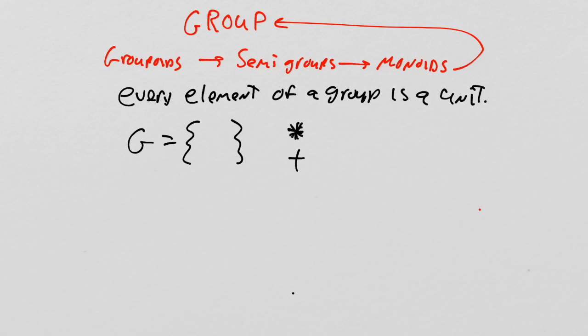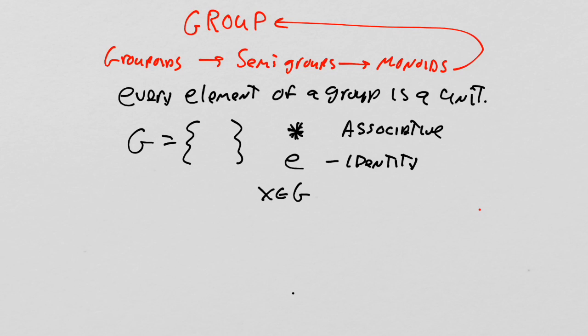But we don't require commutativity, so we're certainly not going to use that in our fundamental definition of a group. But we have a group, we have our operation. We know that it is associative because we have the semigroup. We know that there exists an identity because it's a monoid. But we also know that for every element x in G, we have x inverse, which is also in G, and x times x inverse equals the identity. And that's true for every element in G. So when we have all of that, we have a group.